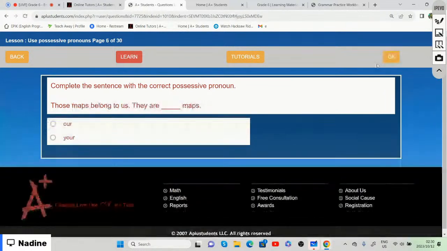Those maps belong to us. If something belongs to us, then is it our maps or your maps?